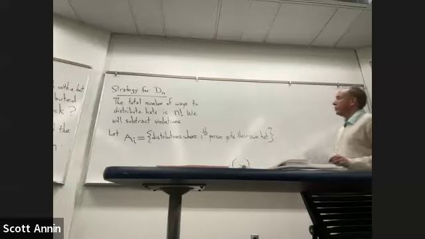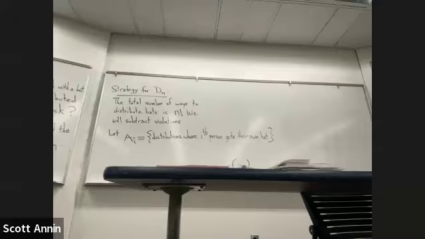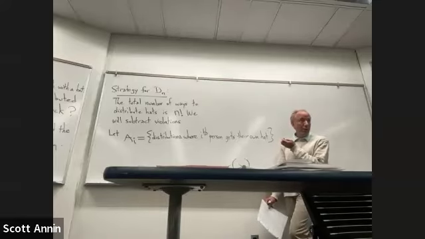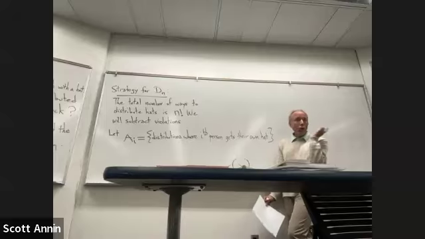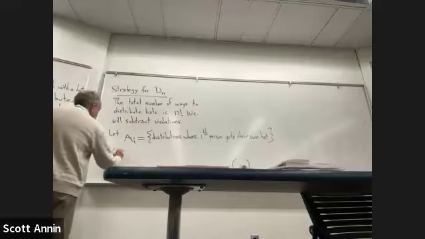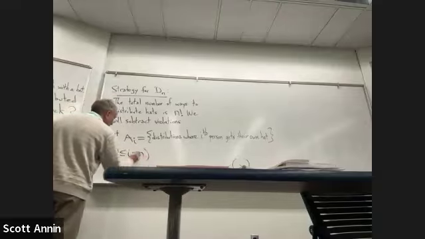A sub i is those ways of passing back the hats such that the ith person gets their own hat. Now, other people might get their own hat also. I don't care about that. I only care about the ith person. This is with i ranging from 1 to n, inclusive.